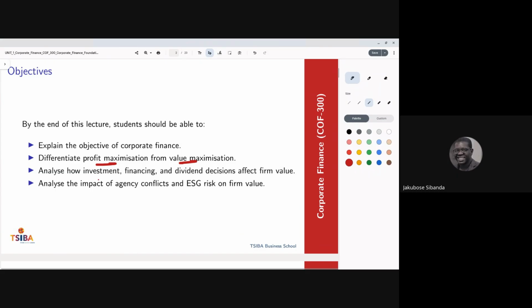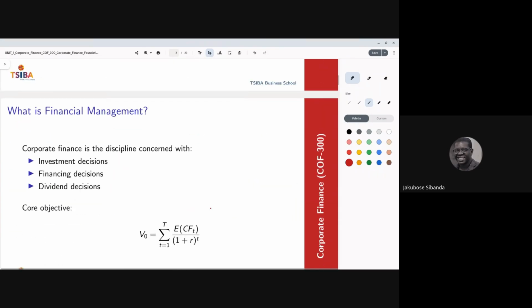We also want to analyze investment, financing, and dividend decisions. How are these decisions made and how do they affect the value of a firm? Then, lastly, we're going to look at the impact of agency conflicts and ESG risks on the value of the firm. Right. So now we're going to proceed.